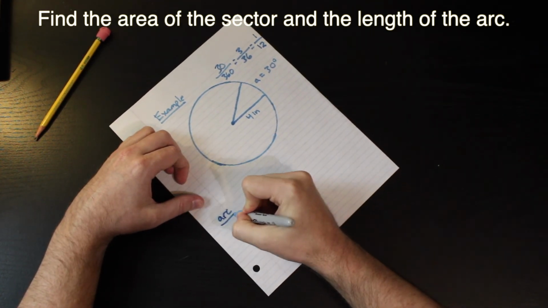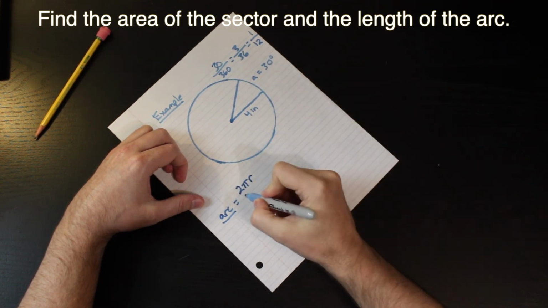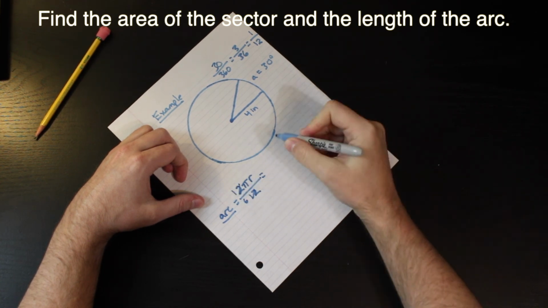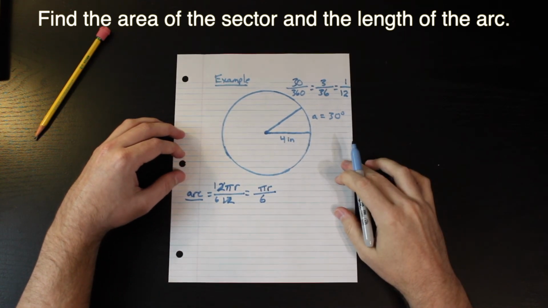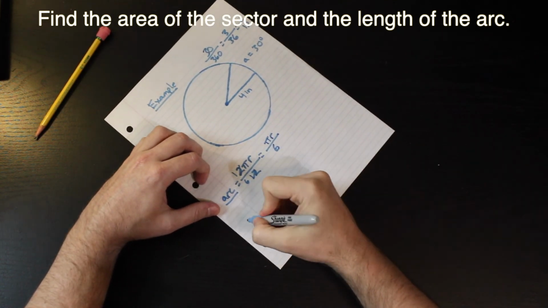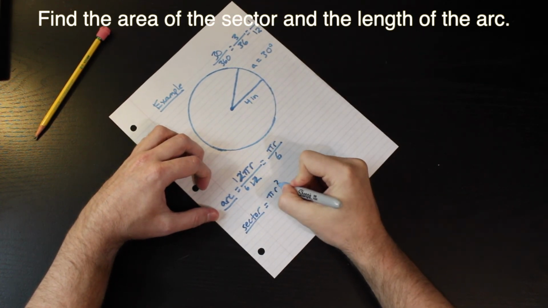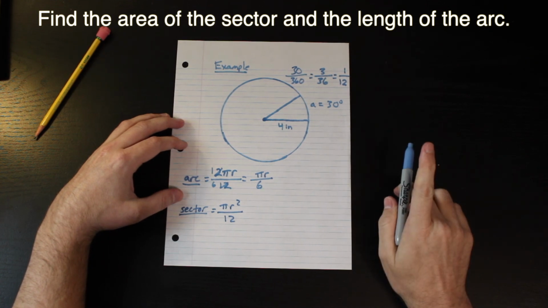The formula for this arc will be the formula for the circumference of a circle, 2 pi r, over 12. That reduces to pi times r over 6. The formula for the area of this sector will be the formula for the area of a circle, pi r squared, over 12. Let's plug in the numbers.